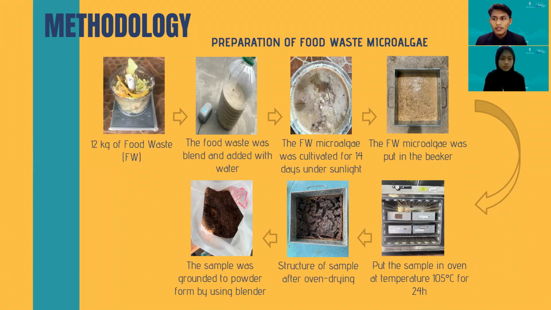The food waste microalgae was cultivated for 14 days under sunlight. After that, the sample was put in the oven at 105 degrees Celsius for 24 hours to remove the moisture content. Lastly, the sample was ground to powder form after drying by using a blender.